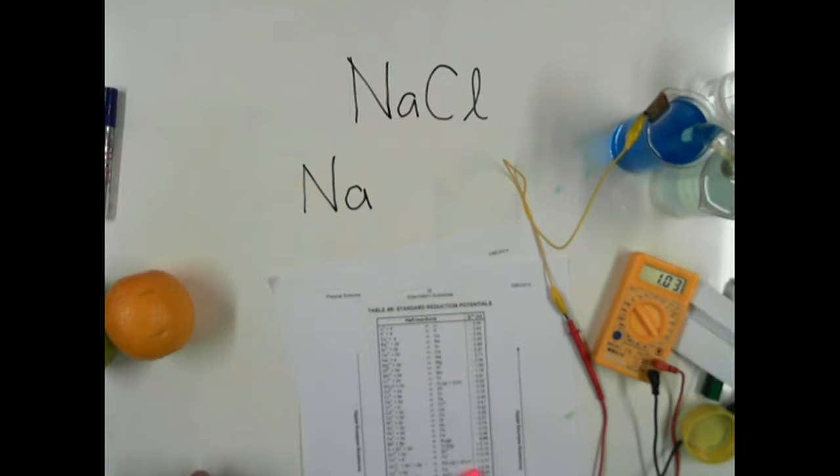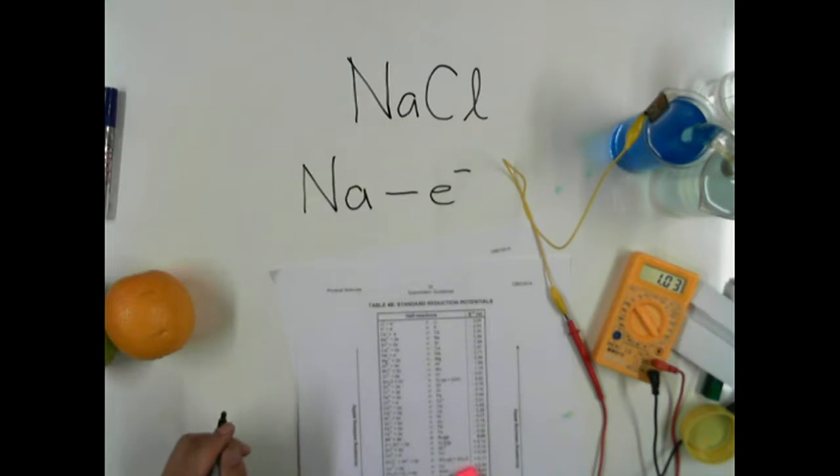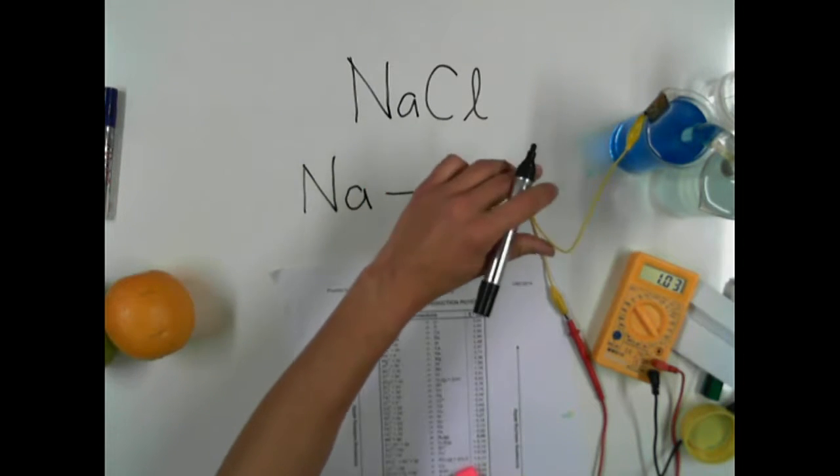You've got to feel what's happening in the class. Some learners really don't like Lewis dot diagrams because it's got assumed knowledge from other parts of chemistry, which very often are missing. So very often I like to do this like a maths equation, that sodium loses an electron, and it becomes sodium plus.